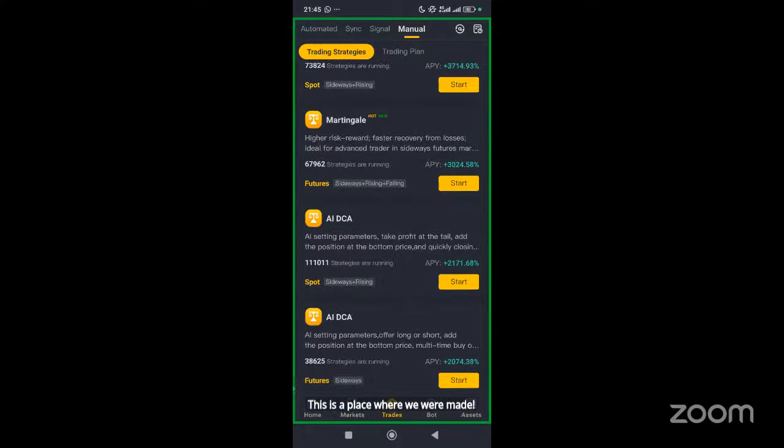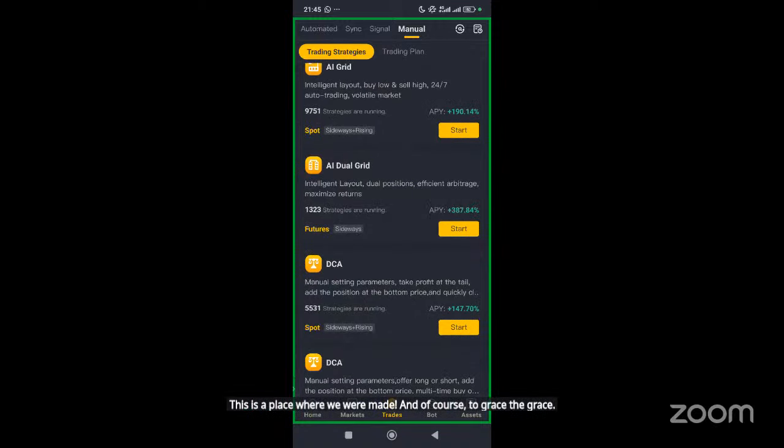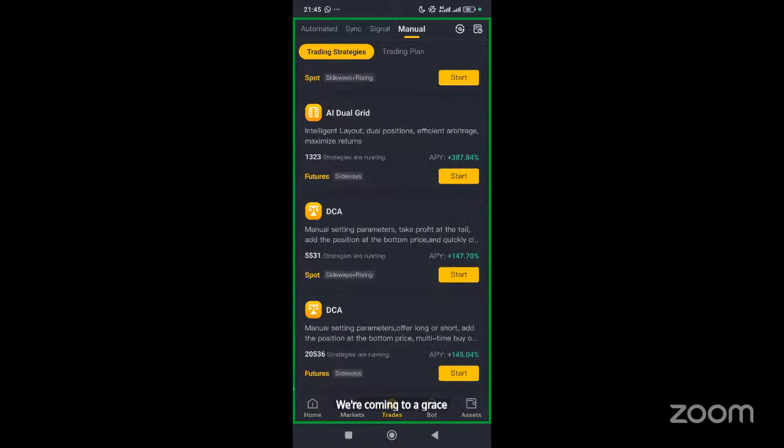And of course, to grace the grace, we came into a graceful environment that is called the Core Brain. And we decided to impact the whole community with the new effect of what this particular robot has the capacity to do.